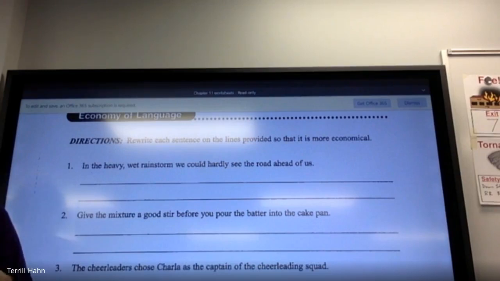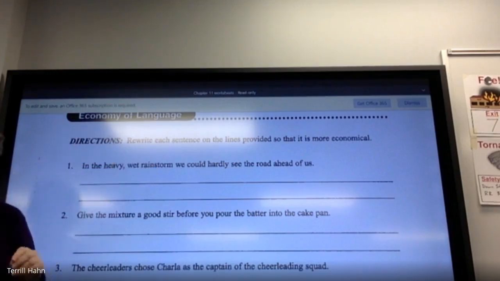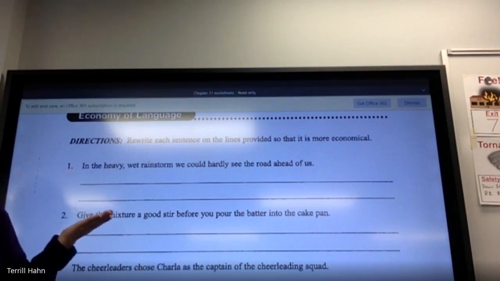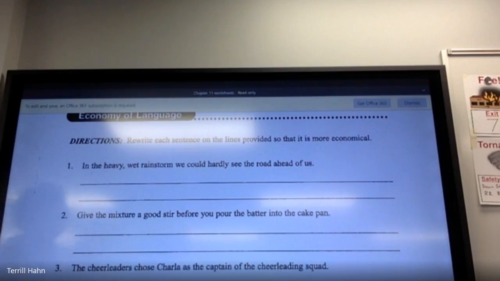Do we need to say heavy and wet when we're saying a rainstorm? No, because rainstorm itself tells us it's pretty heavy and rain is wet. I don't know any rain that is not wet. So you could say, we can hardly see the road ahead of us in the rainstorm, and it would be perfectly fine.